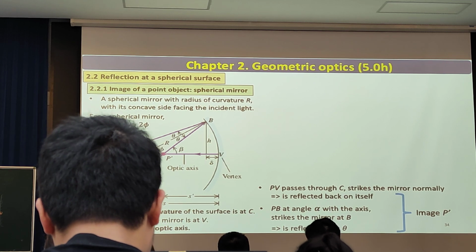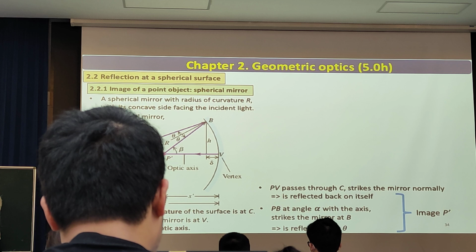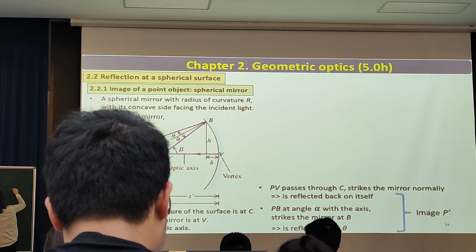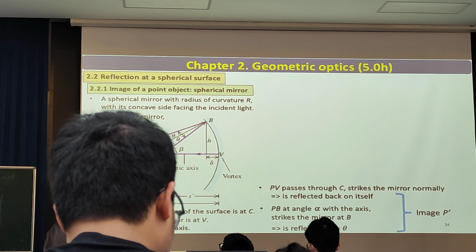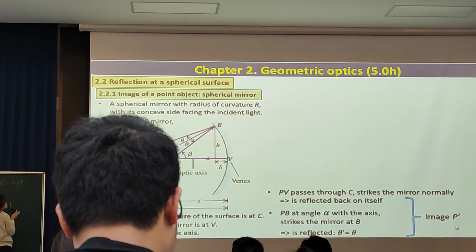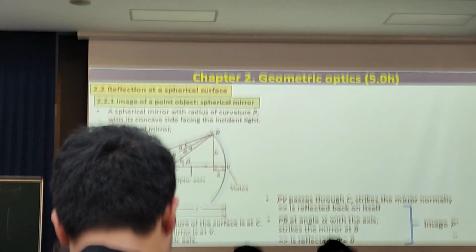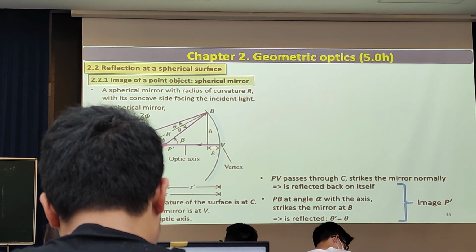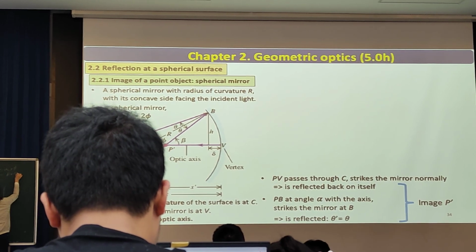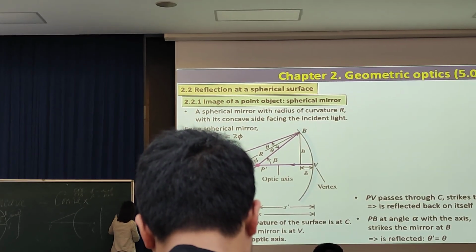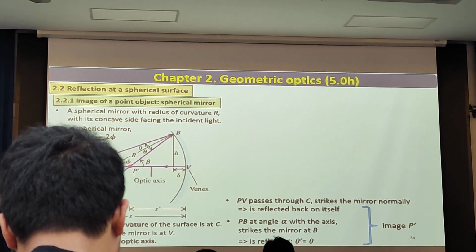Okay, why? Because if you look at the triangle CPB, we have phi equal alpha plus theta. And if you look at the triangle P prime CB, or I can say C P prime B, you have beta equal phi plus theta. So for these two relations, you can have alpha plus beta equal to phi.